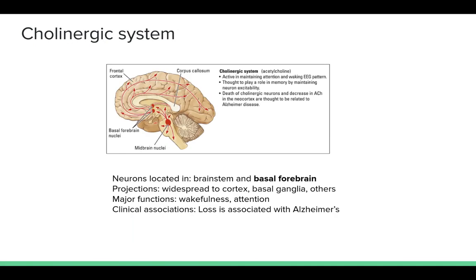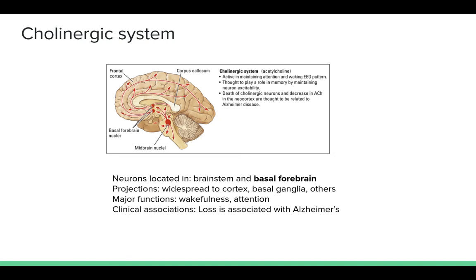So we're going to start with acetylcholine, or what's called the cholinergic system. I think the book actually does a good job in summarizing these, so I'm just going to hit the main points that the book hits. The neurons that synthesize acetylcholine in the central nervous system are usually located in the brainstem or in the basal forebrain for the most part.